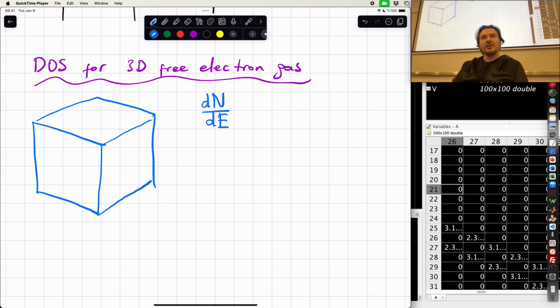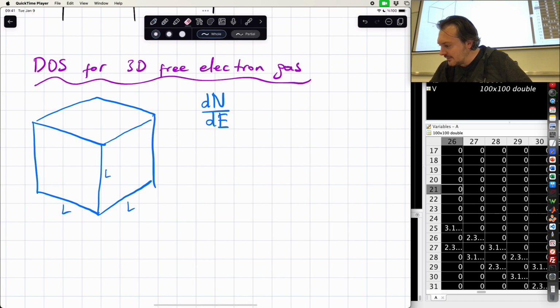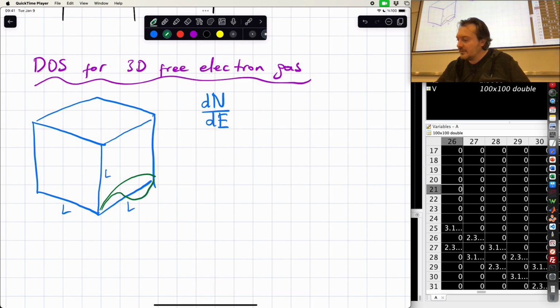Do you remember how to count electrons within an energy range? Do you have any recollection of that? We would make this L, L, L, and then there would be different possibilities in each side. You know? Yes?